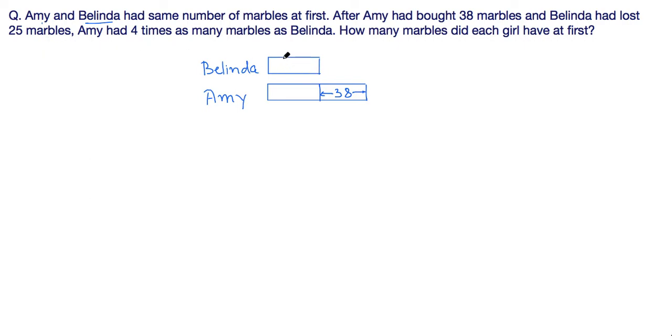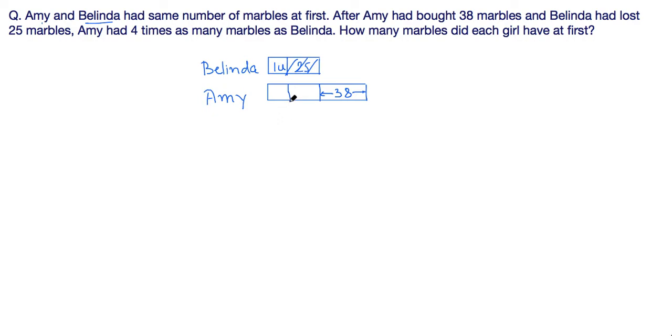So let's show this in our model. This much she has lost, and it's 25, right? So how much is Belinda left? It's only this much. It is also given that at the end Emmy had 4 times as many marbles as Belinda. So that means at the end what Belinda is left with is only 1 unit.